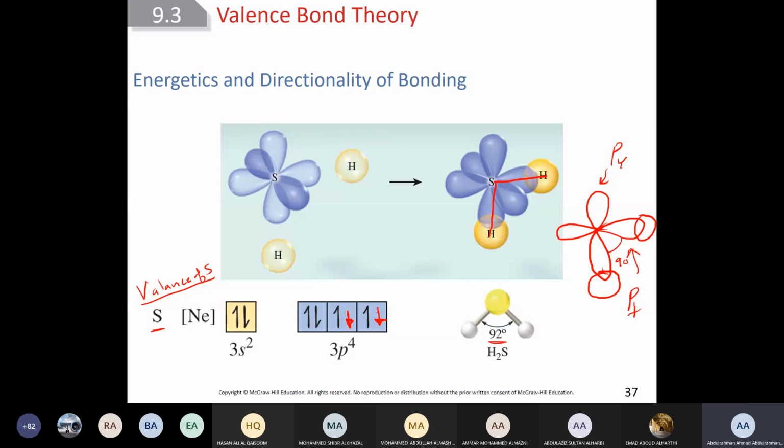degrees, which is acceptable. All right, the theory that we're using here is called valence bond theory. So what does valence bond theory say?